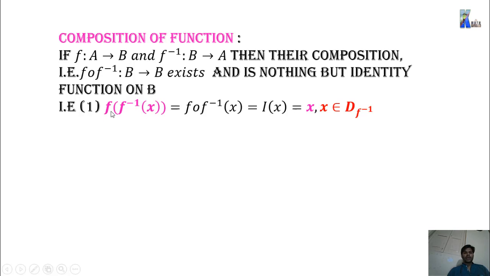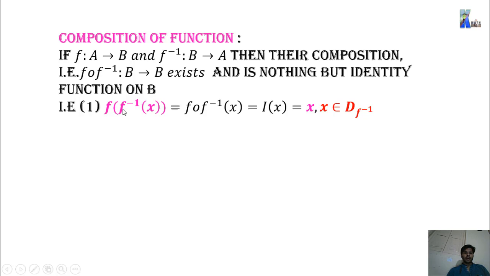So f of f inverse x, this is nothing but composition. So f inverse x, it is nothing but the identity function we have seen in standard 11. So I of x, that should be x. In short, what is the answer of this one? f of f inverse x is x. But when you can write x, this is the important condition: x from domain of f inverse.